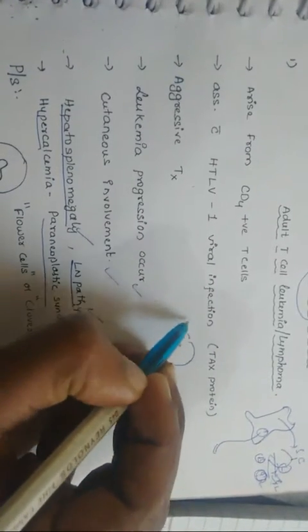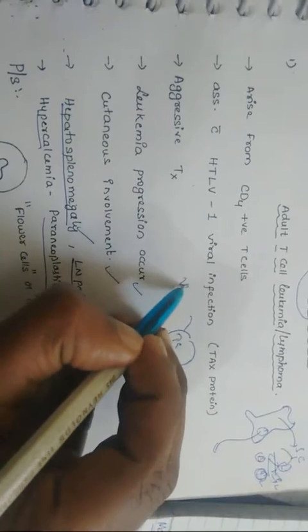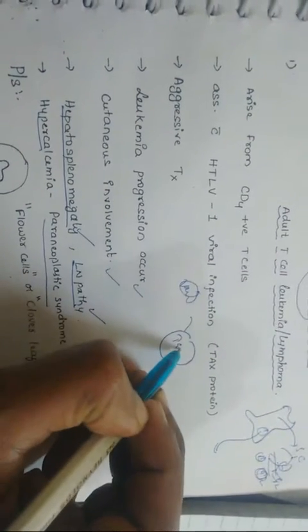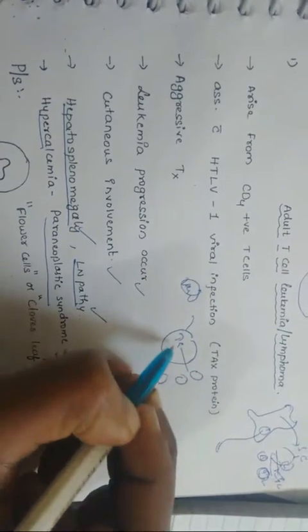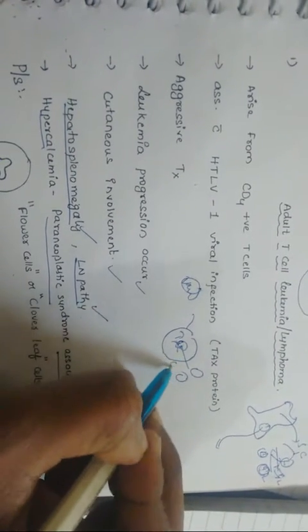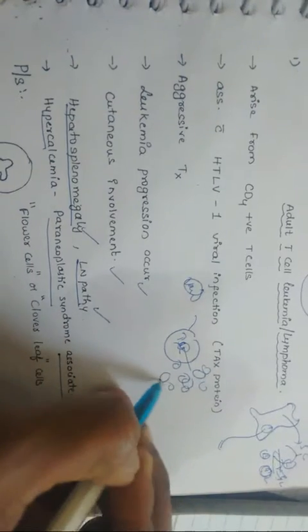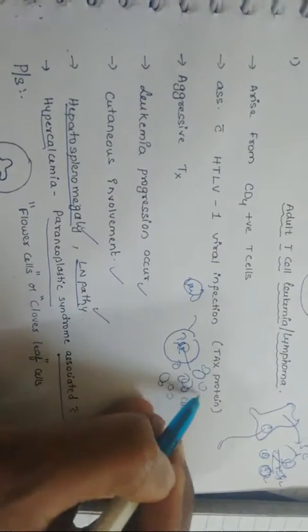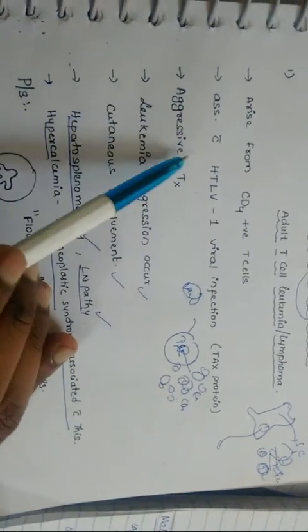Just remember that when this virus enters the T cells, it starts proliferating. It goes and disturbs the DNA, it dysregulates the DNA mechanism, and you can see lots of CD4 cells everywhere. And it is aggressive, right? A for adult, A for aggressive.